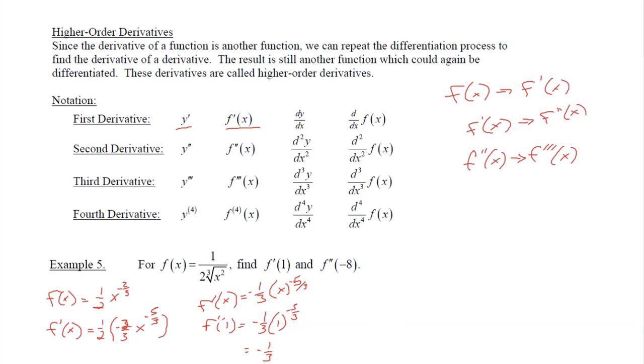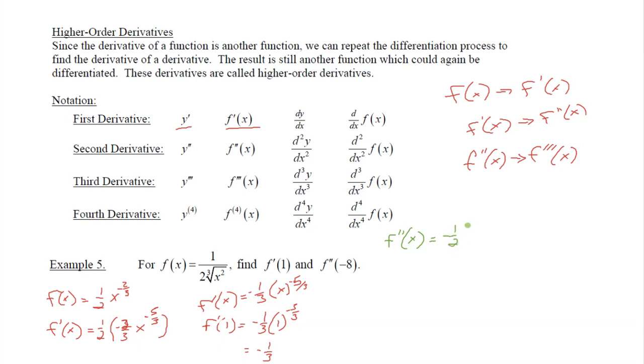Now, our double prime here is a little bit more exciting. And in this case, we need to take the derivative of this first derivative. So our second derivative is the derivative of the first derivative. So if we're looking for that, this is our f double prime of x is equal to, now we've got the negative 1/3. We're going to leave that out in front.